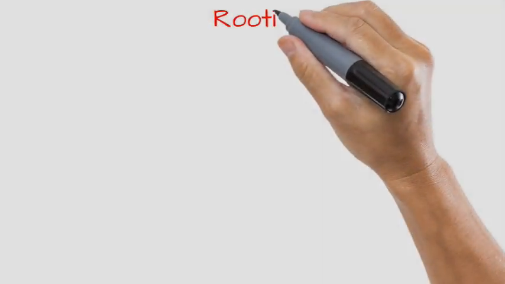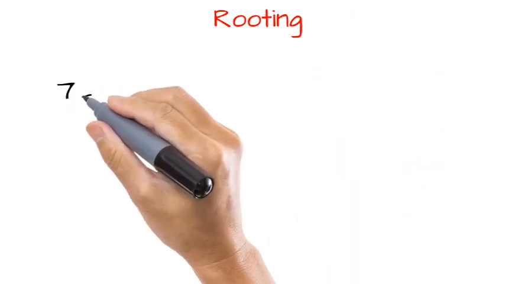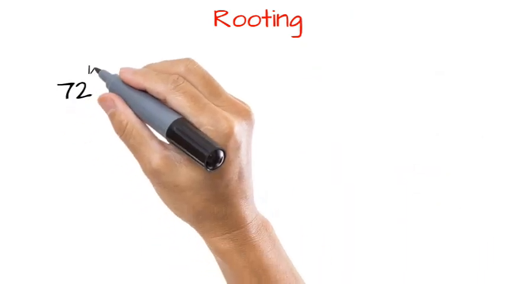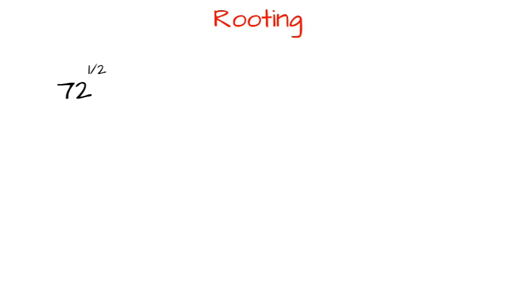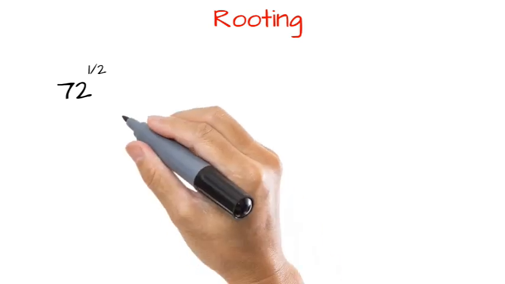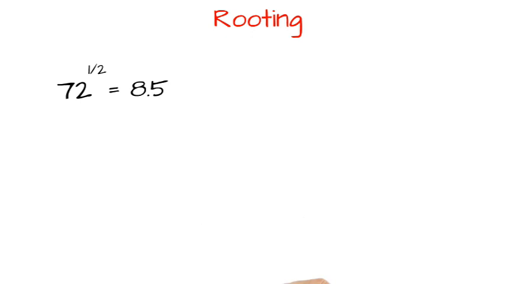And then finally we are going to learn rooting. Say an example, if you want to find the square root of 72, what is the answer? The answer is 8.5. How did I do this?